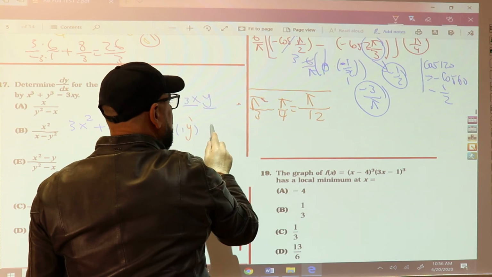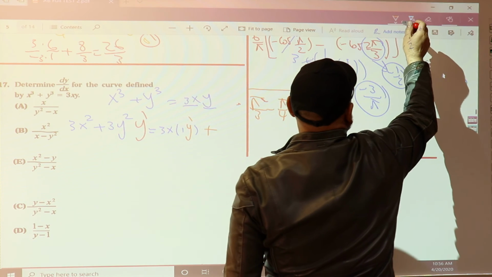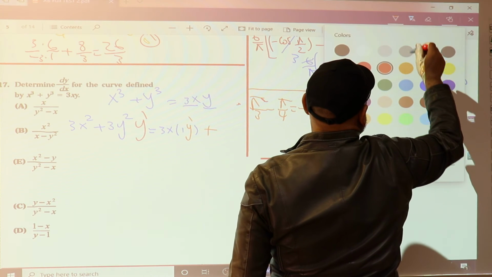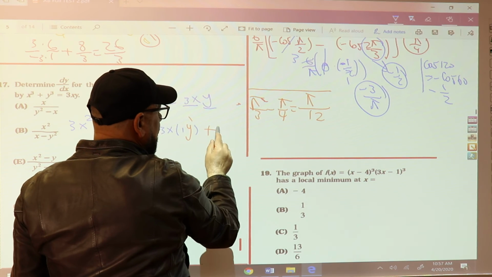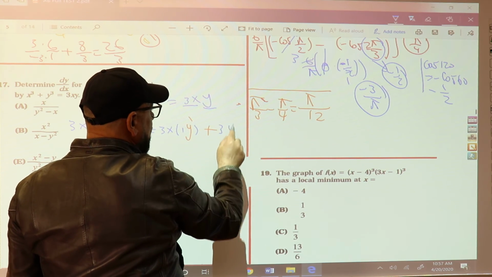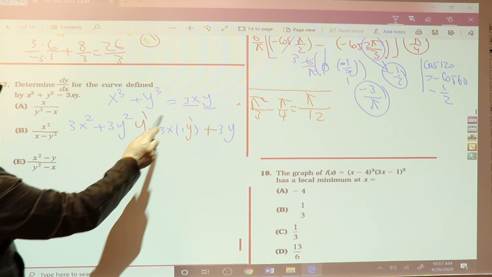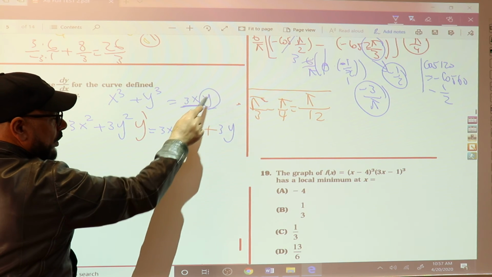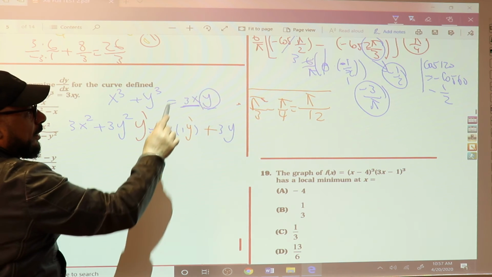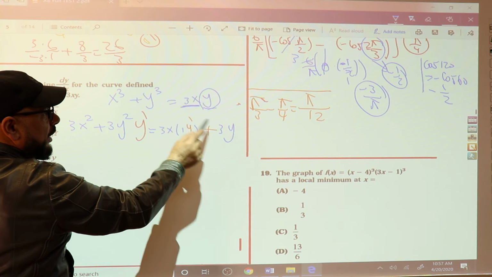Now x term, derivative of 3x is 3, and you leave y. Again, 3x, we leave it alone. We derive the y, which is 1, y prime, always. Plus is a plus. We leave the y, derivative of 3x is 3.